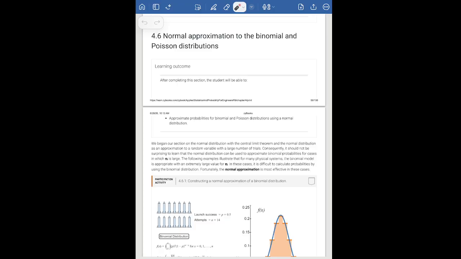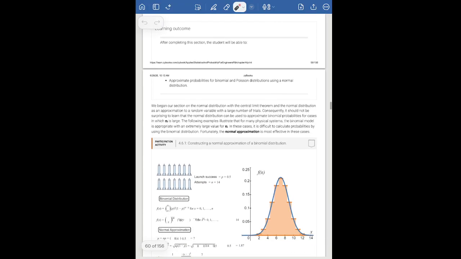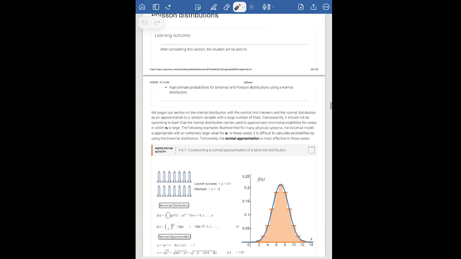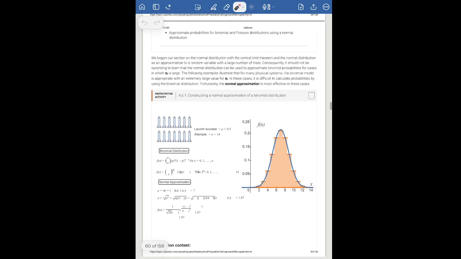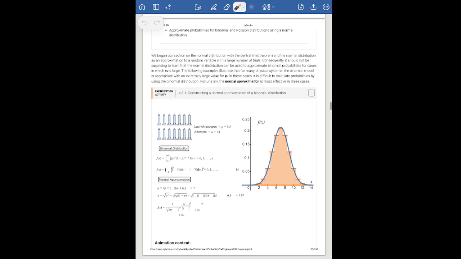We can actually take the information that we have in these cases and use this normal distribution to give us approximate values for them. Well, let's look and see what happens and why that's the case. It turns out that the central limit theorem has a big reason to do with why we can deal with these normal approximations.